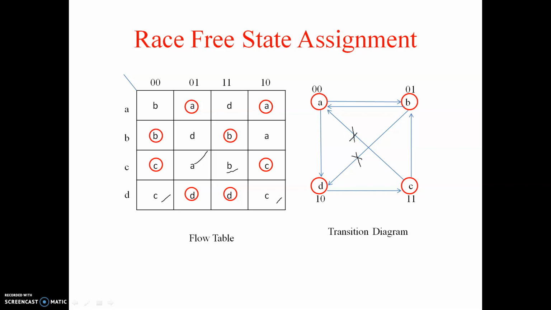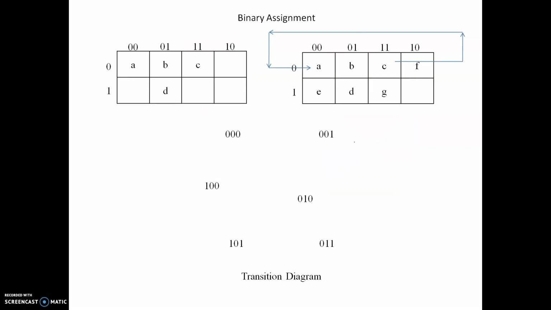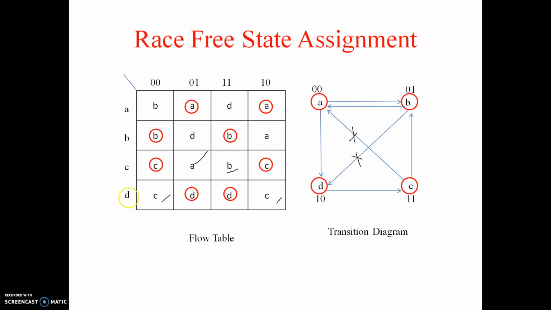To eliminate the race we have to assign a 3 variable binary assignment with the help of this flow table.